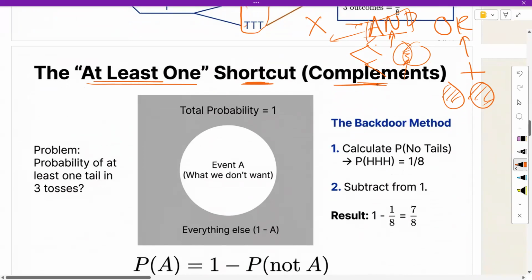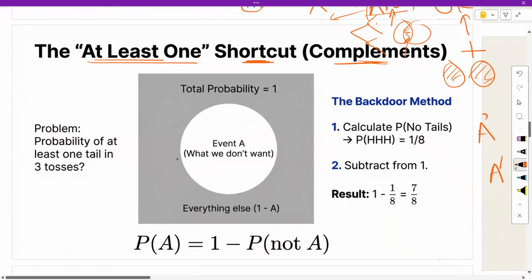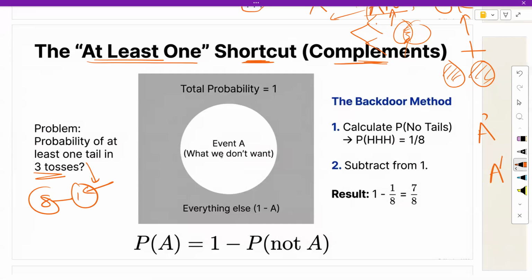In a Venn diagram, we use the term A, and except A, the complement. Problem: the probability of at least one tail in 3 tosses, as we discussed. Out of 8 outcomes, only one outcome will not satisfy this criterion.